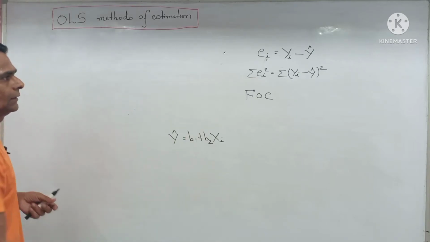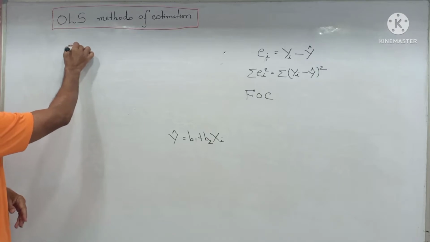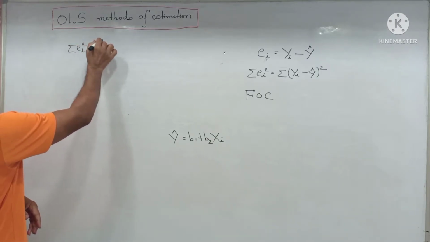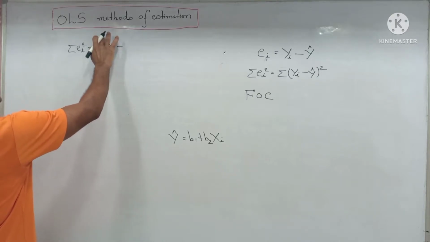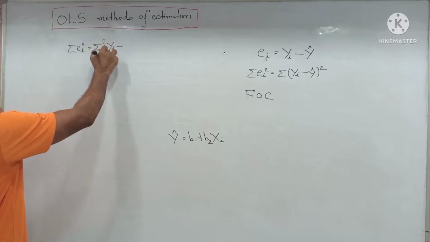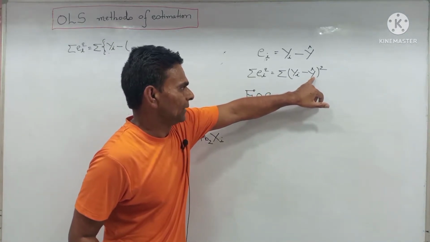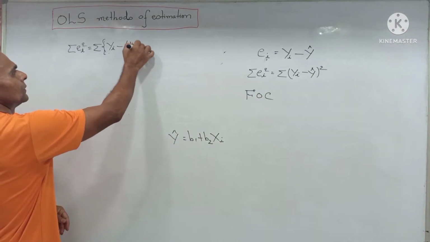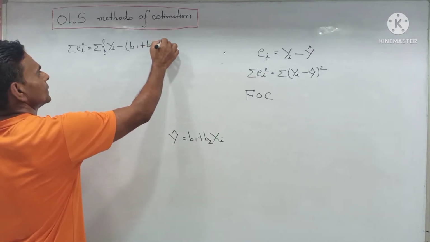This is the predicted value. Sum of squared differences: summation of ei square equals summation of (yi minus y cap) whole square, where y cap equals B1 plus B2 xi.